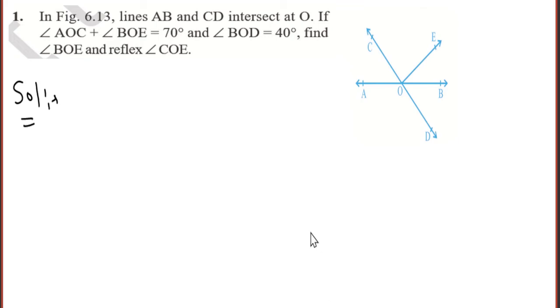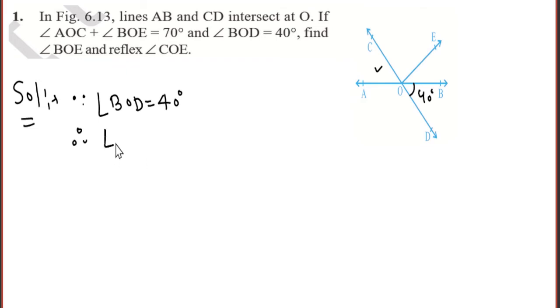Since we know that if a ray stands on a straight line, the sum of the angles is 180 degrees. Here you observe that angle BOD is 40 degrees. Since angle BOD is equal to 40 degrees, what about this angle?